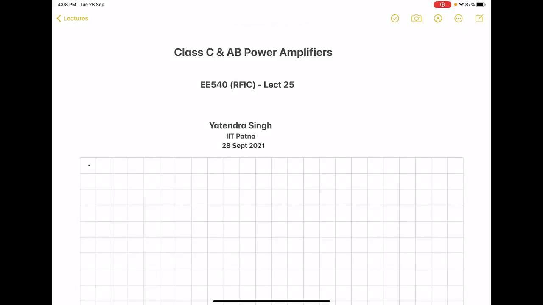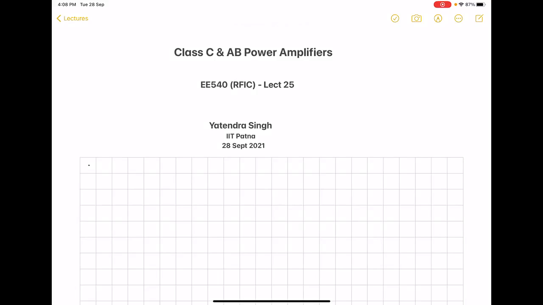And in fact, for class C and for class AB, we know that there is a range of conduction angle. And so there are infinitely many possible conduction angles for which one can design the power amplifier. And that is why we will see that the result of class C will be directly usable for class AB also.